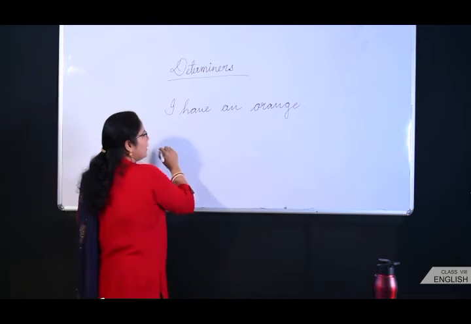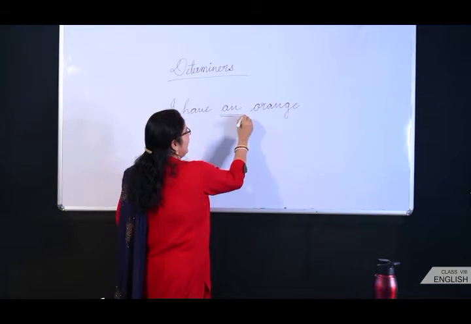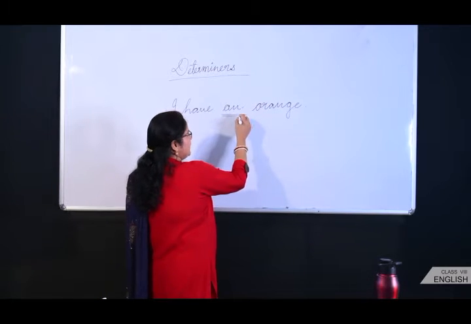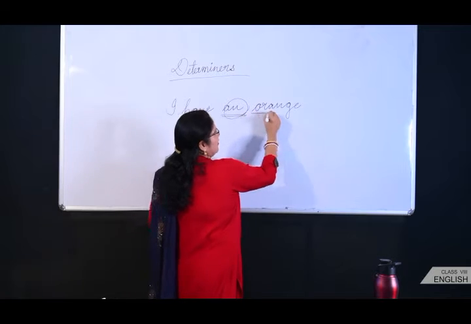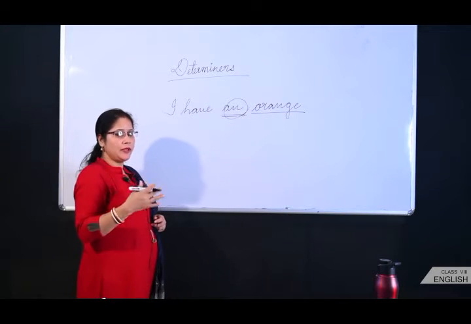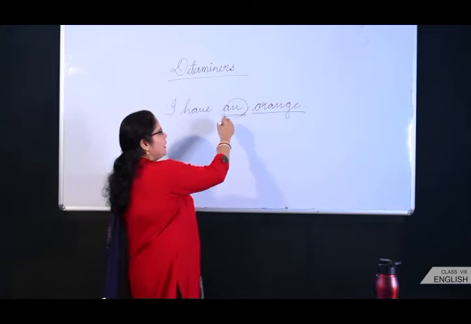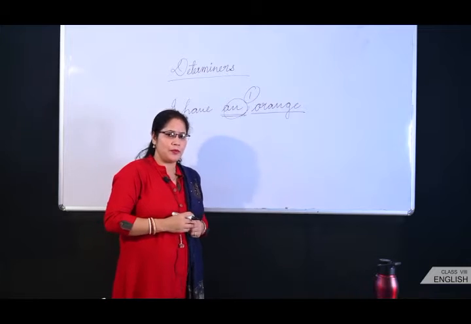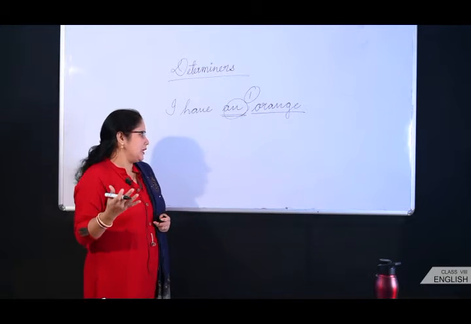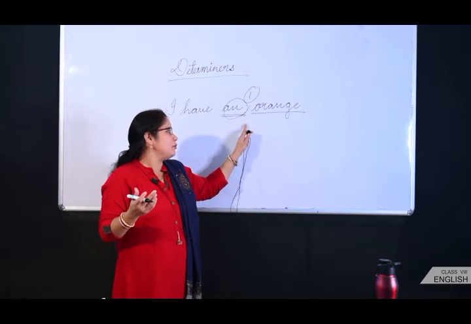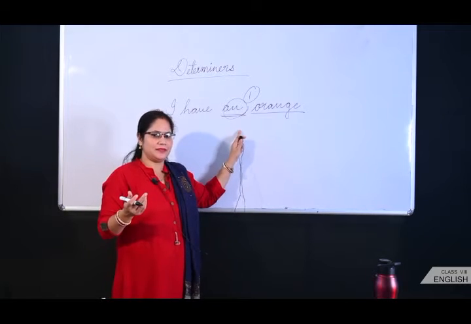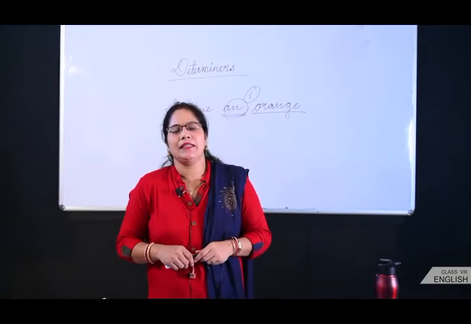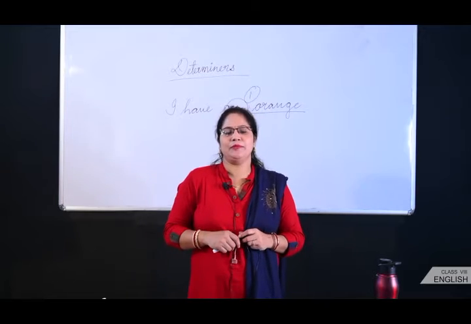Here, as we have seen, an is an article. So, I have an orange. It means an is telling us about the noun, the orange, how many oranges I have. It means I have only one orange. So determiners tell us something about the noun, and how much or how many we have.